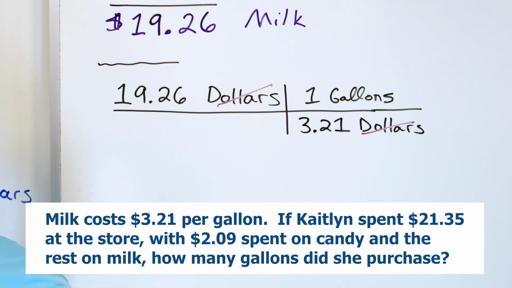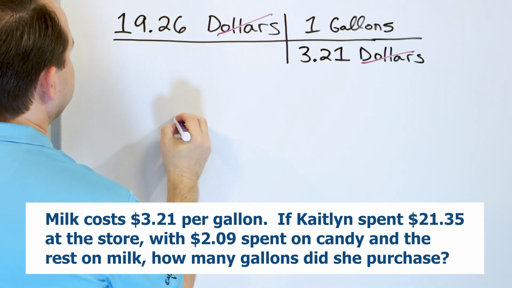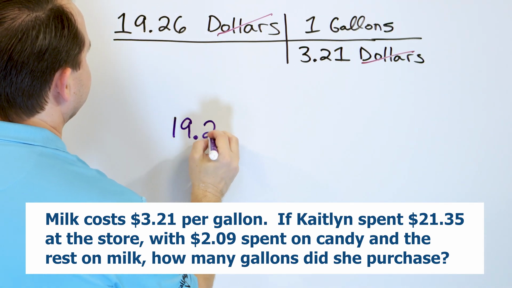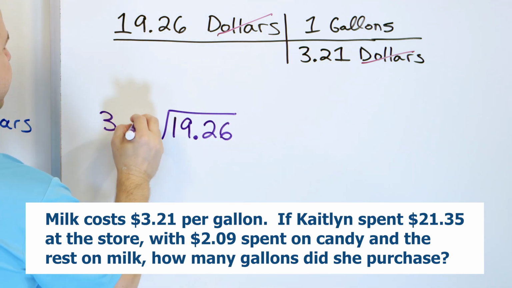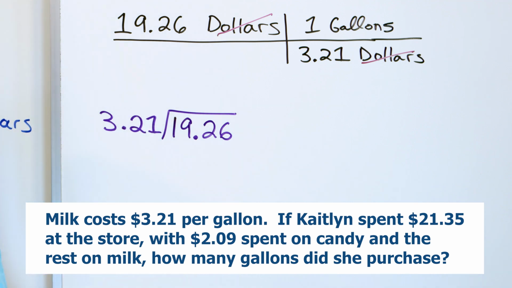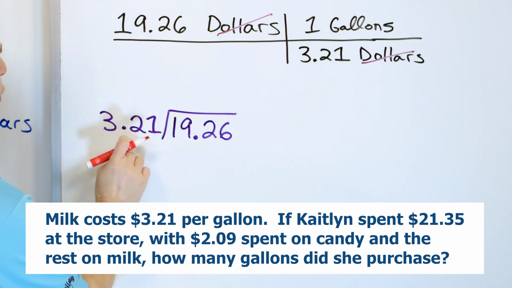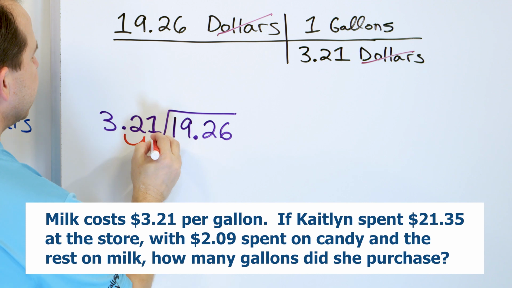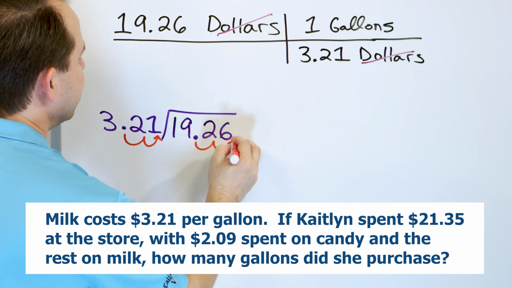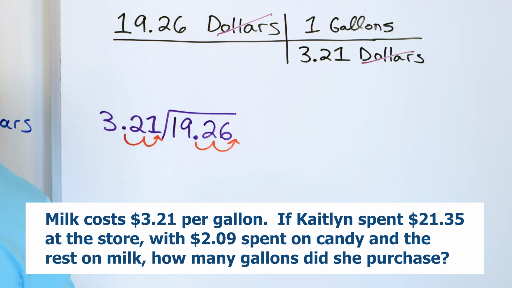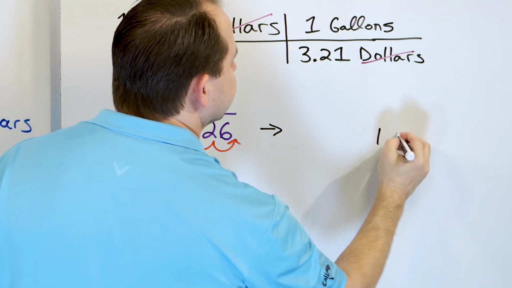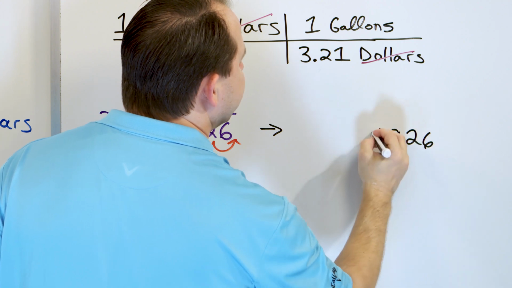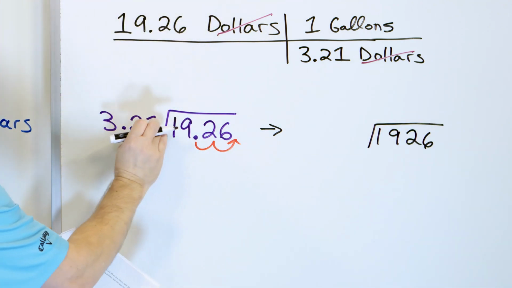So then I'm going to do that division, $19.26, and I'm going to divide that by $3.21. But remember, when we divide decimals, we just learned we don't want decimals on the outside, so we move the decimal twice, and that makes us move the decimal twice here. So this problem I'm really going to solve is 1926 on the inside. On the outside, 321.